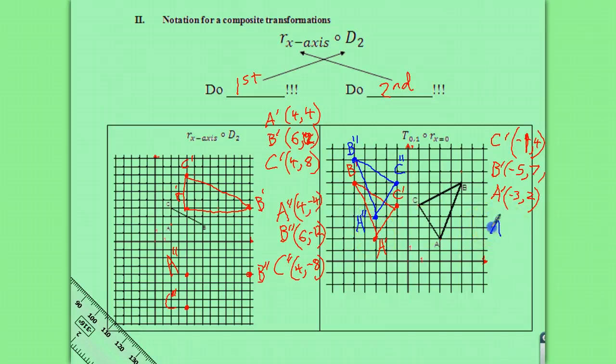So A double is really just A prime with 2 more added, because the translation is up 2. So negative 3, comma 5. B double, just to check, is negative 5, comma 9. And C double prime is negative 1, comma 6. So remember, what's right is first.